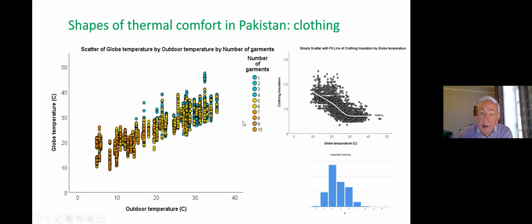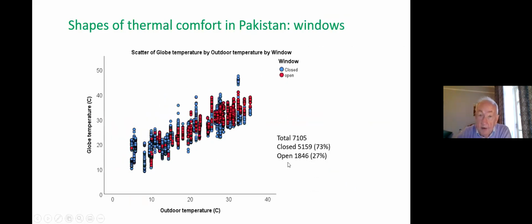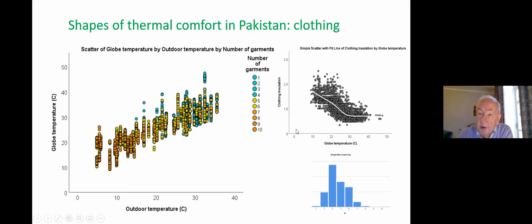This shows the number of garments being worn at different times. The blue ones are the people with relatively light clothing, and the dark brown ones are wearing a lot of layers of clothing. The other two graphs: this one is the average clothing insulation, in clo units, 1 clo, 2 clo.